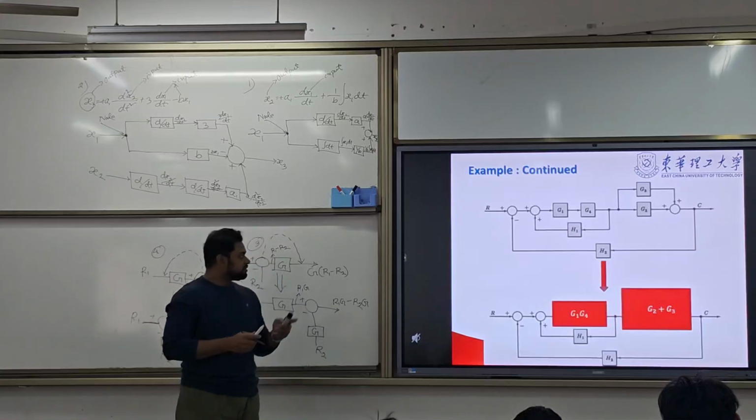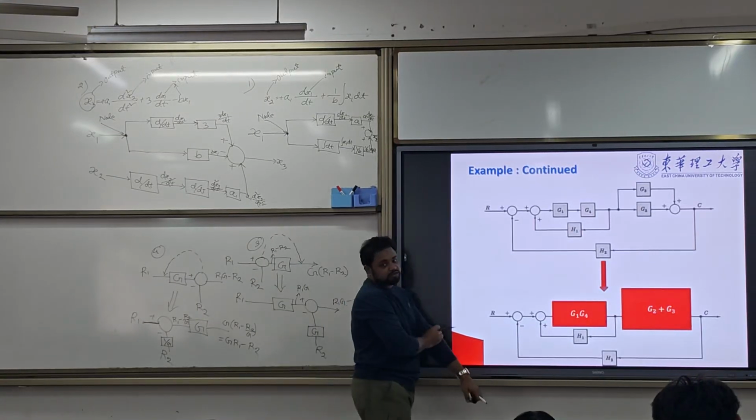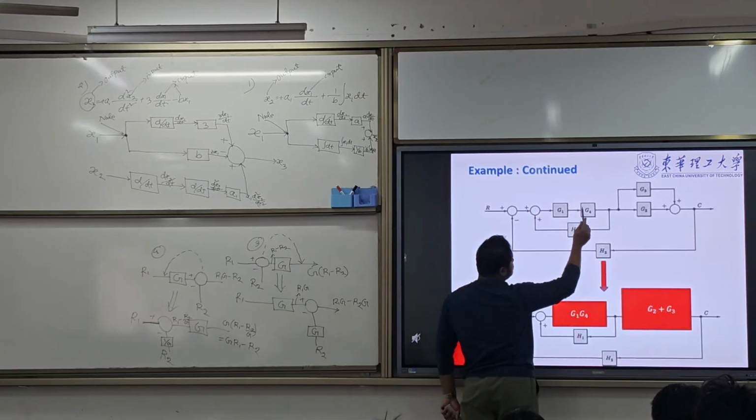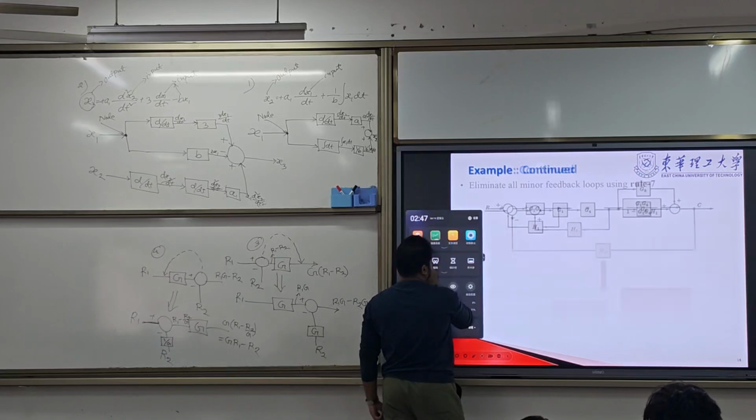Now, redraw the block. So here we have G1 G4.